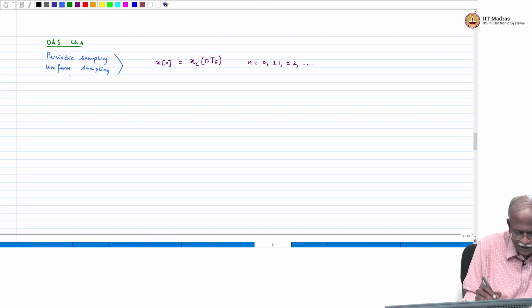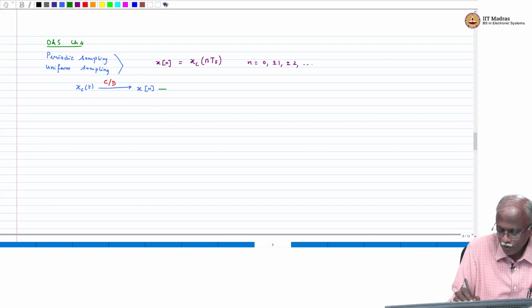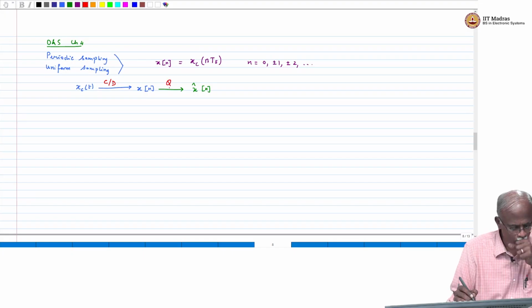Once again, let me just mention to you that the continuous time signal xc of t, through the process of sampling, goes to the sequence x of n. This operation is what we call the C to D converter. And from here, we will move to x hat of n. And this happens through the quantizer.